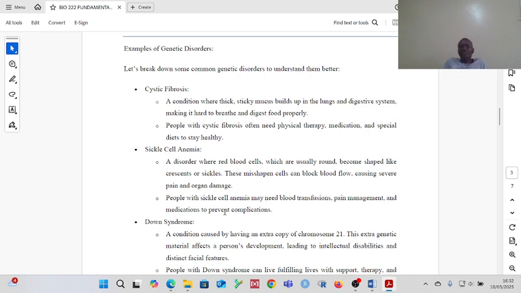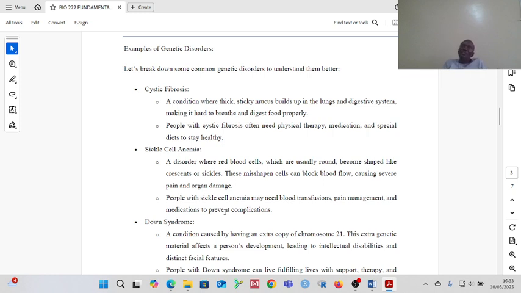Still, when there is a lot of mucus in the digestive system, then food digestion cannot happen properly. So someone who's suffering from cystic fibrosis will have a problem with breathing because the capacity of the lungs has been interfered with by the presence of this changed mucus.